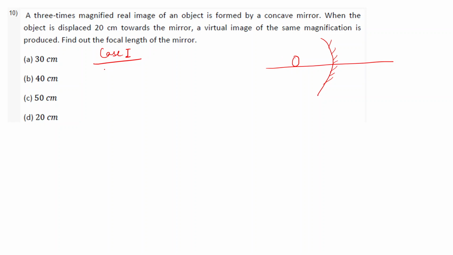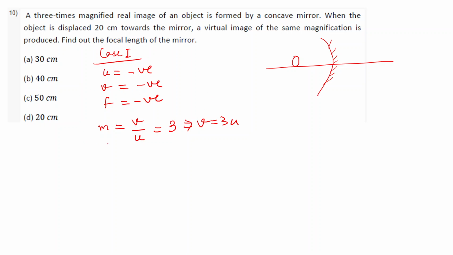In that case, the object distance will be negative, the image distance will also be negative, and the focal length will also be negative. This is for case 1, and the given magnification is 3 times. We know the magnification is the ratio of image distance to object distance, and this is 3 times, which implies v is 3 times u.